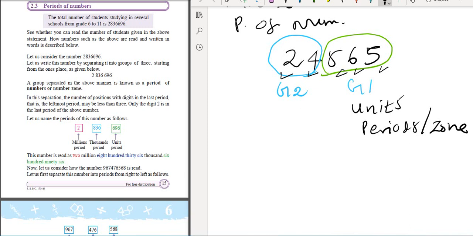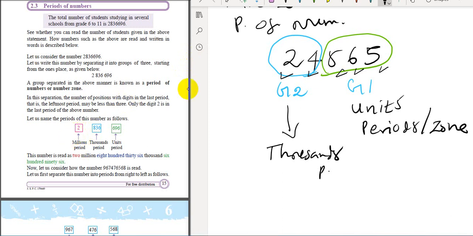The second zone is called the thousand period, because there are thousands. If there are another 3 numbers, the next group is called the million period.